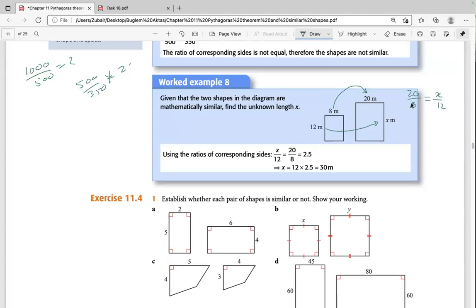And then we cross multiply. So 20 into 12 by 8 equals x. 20 into 12 is 240, by 8 is 30. Yes, x equals 30.